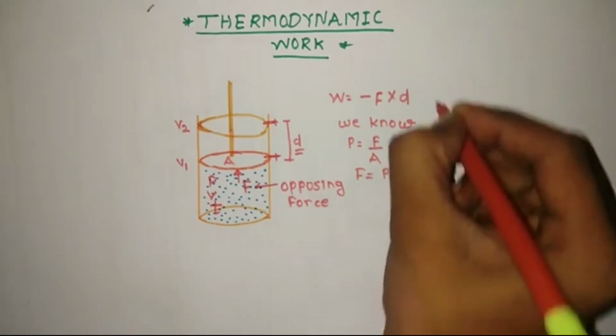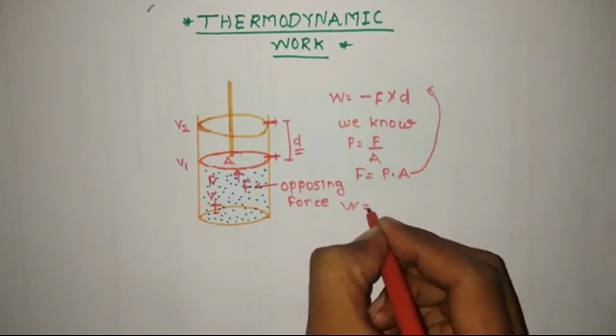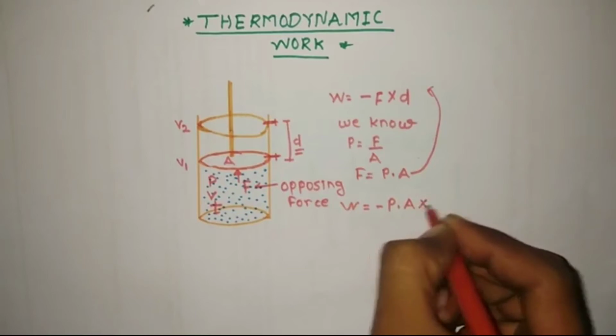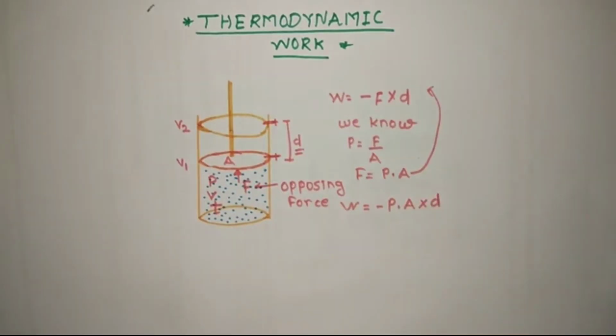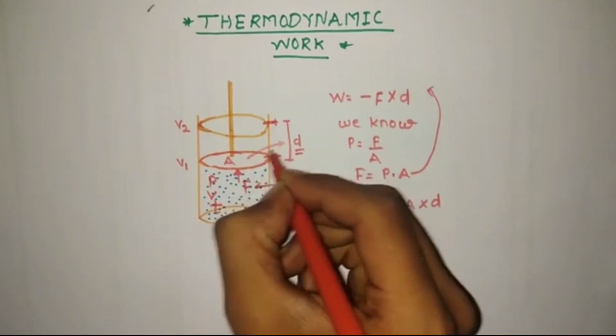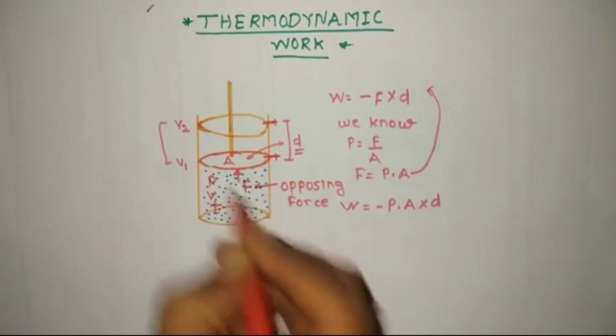Putting this value in the above equation, we get W equals minus P into A into d. But area into displacement is nothing but the change in volume.